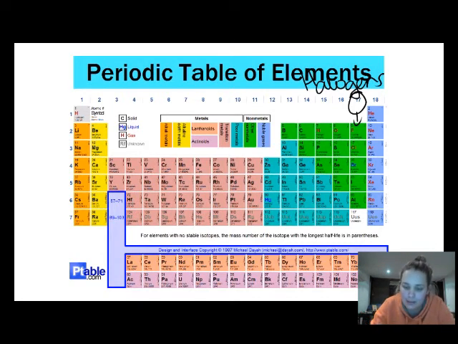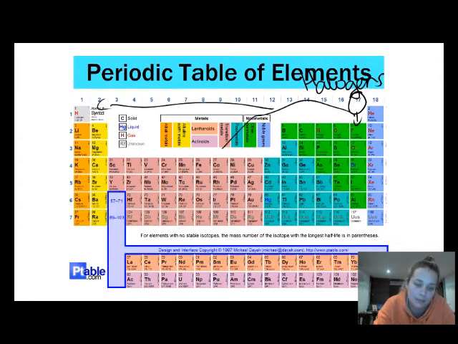So these guys are going to react with any of the metals, and they're going to form a salt pretty much every time. As I go down this group, my melting and boiling points increase. So if I compare fluorine to iodine, the melting and boiling points of iodine are going to be a lot higher than they are in fluorine.